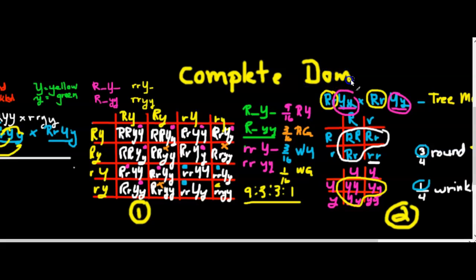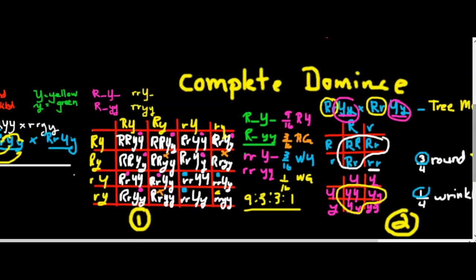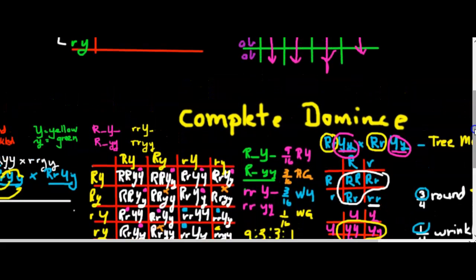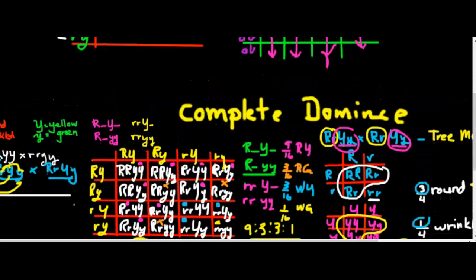And then actually, an even easier way than actually having to do any of this work, if you know it is complete dominance, and if you know that both parents are heterozygous, you will know that it will always be a 9 to 3 to 3 to 1 ratio, without having to do any work.